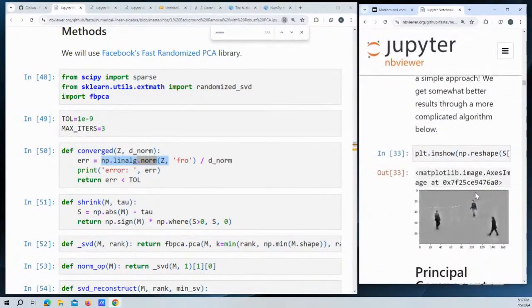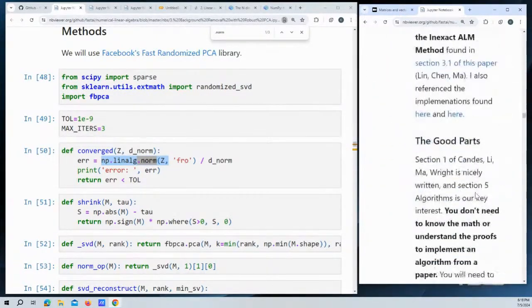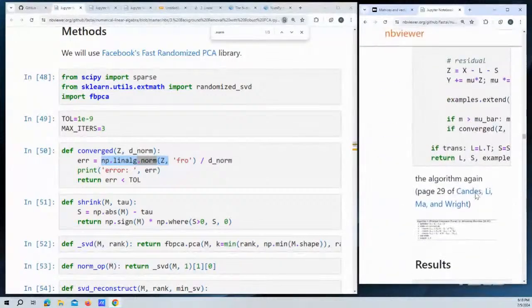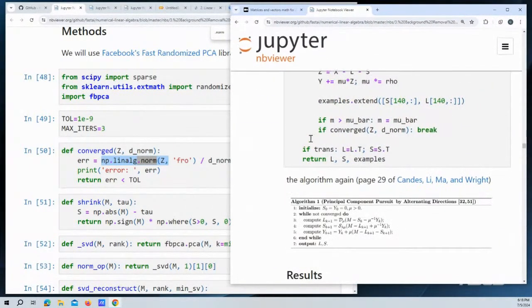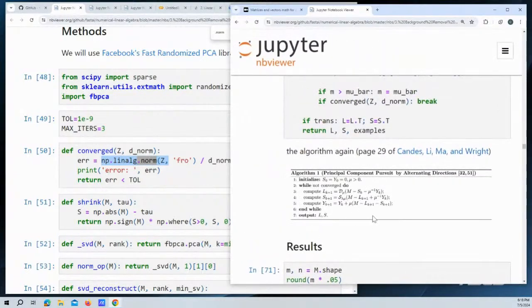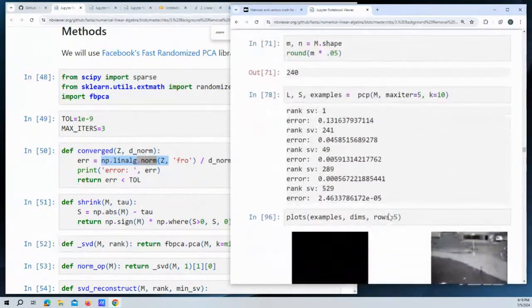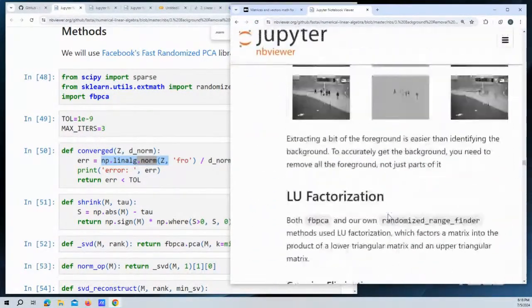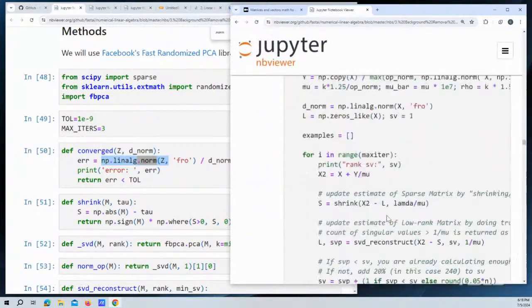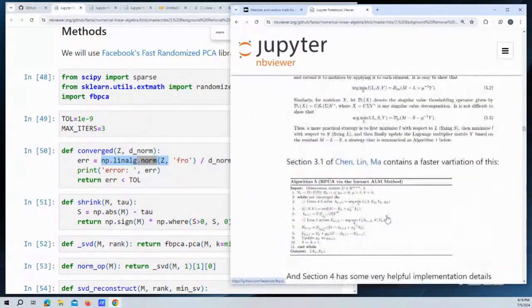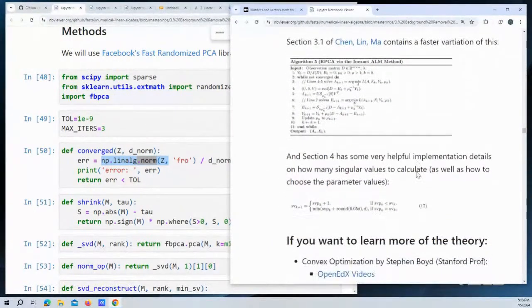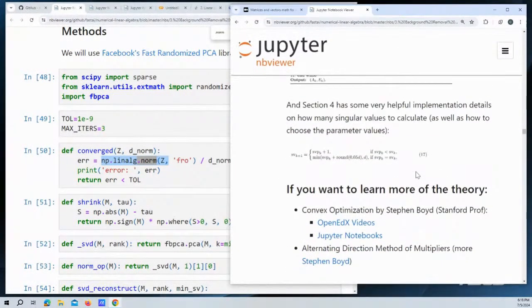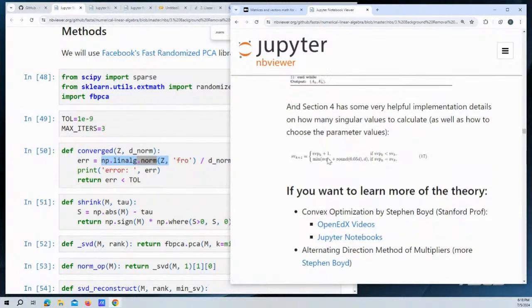Let's pull up PCA. We're looking at this formula, I believe, yeah, that's what we're trying to build. So when we're looking at this convex optimization, see, more theory.